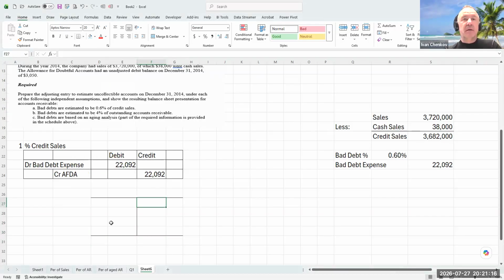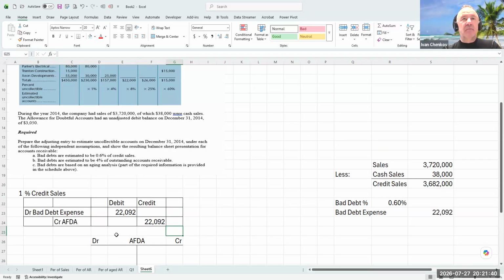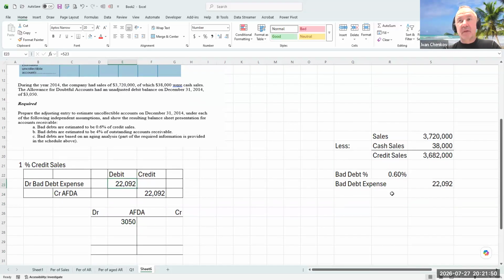Allowance for doubtful accounts can be with a debit balance, nothing scary with that. That will be our debit, on the other side is going to be credit. So the allowance for doubtful accounts can start with an unadjusted debit balance of 3,050 on the debit side in this case. Again, nothing scary, it's totally okay.